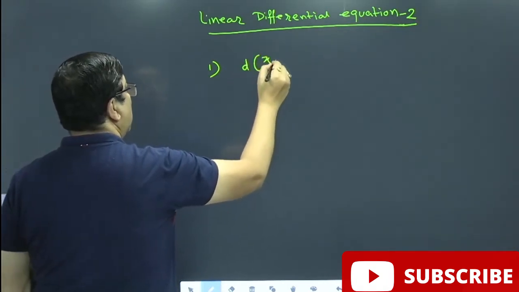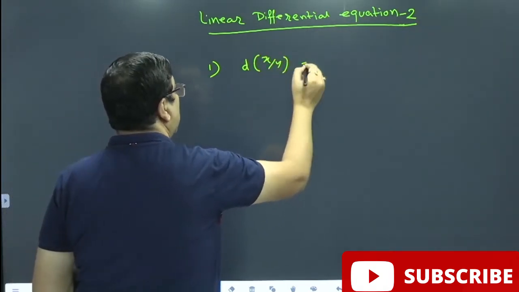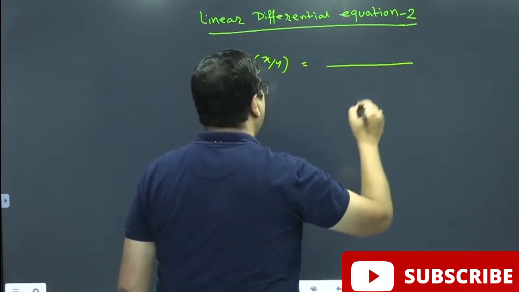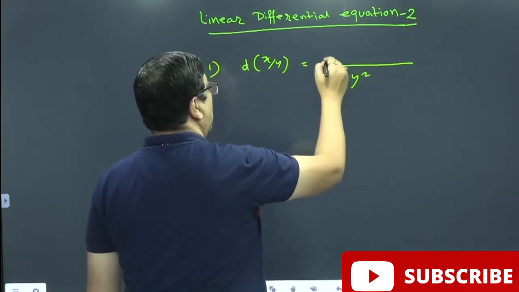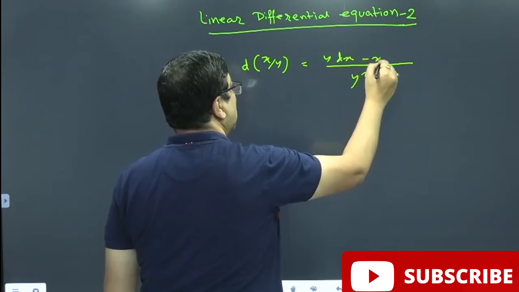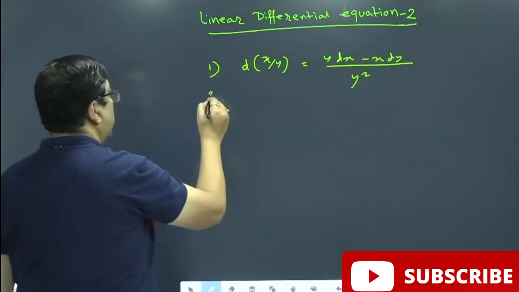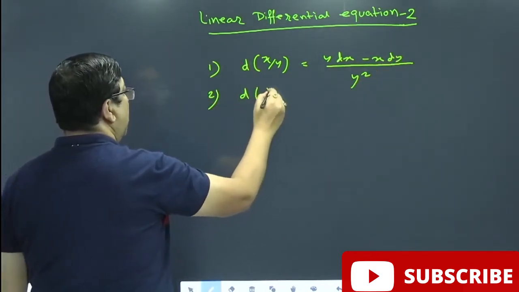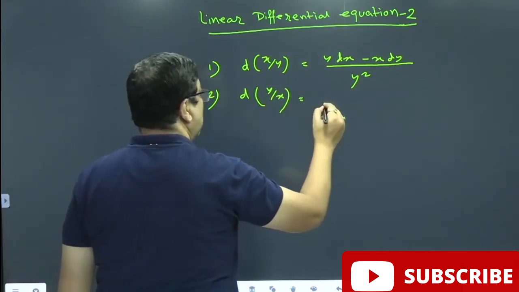d of x by y equals, actually it is the u by v form, (y dx minus x dy) by y square. So d of y by x, that we know.